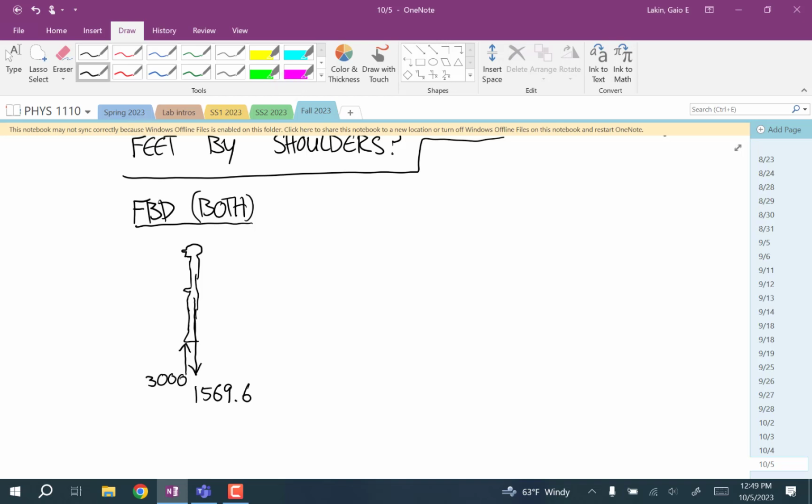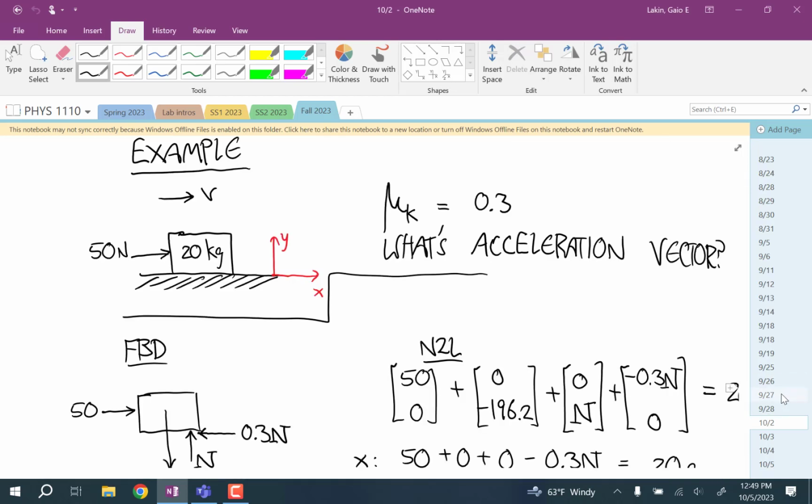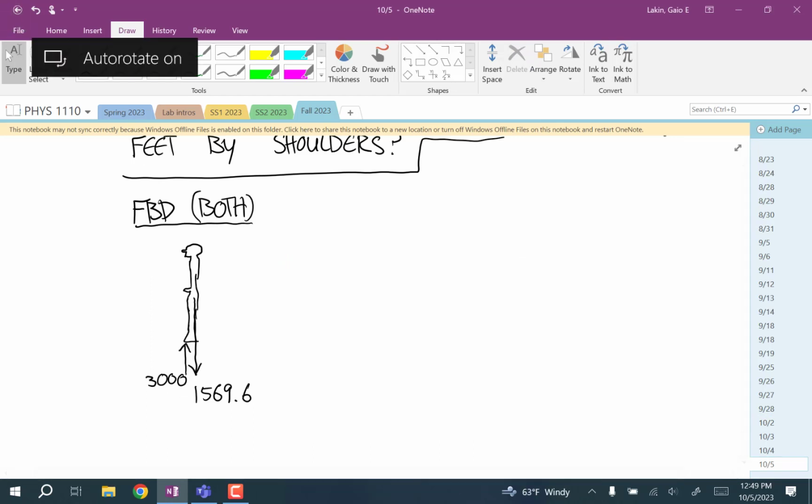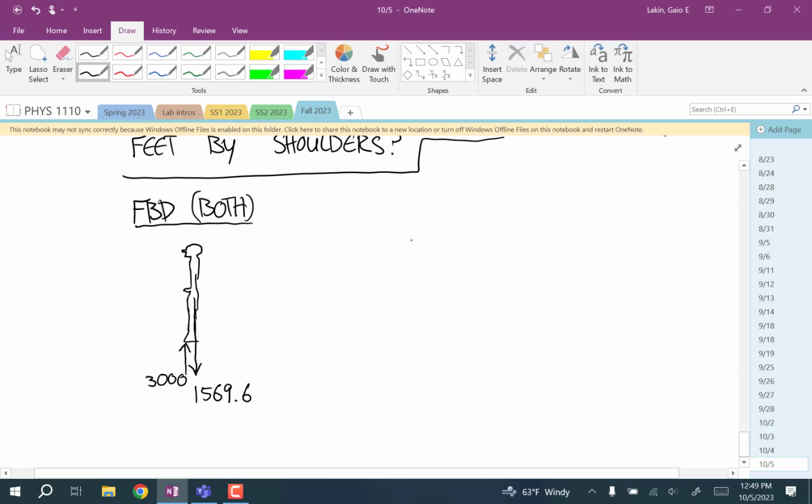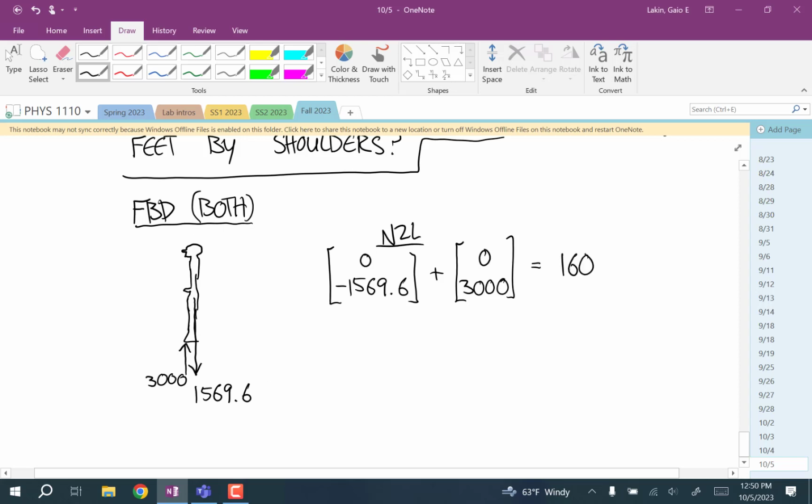So now we'll go to Newton's second law. Newton's second law says 0, negative 1569.6 plus 0, 3,000 is equal to the mass of the system, 160, times the acceleration vector.